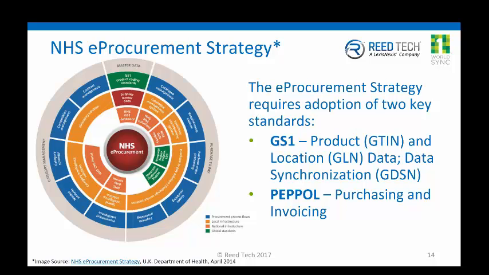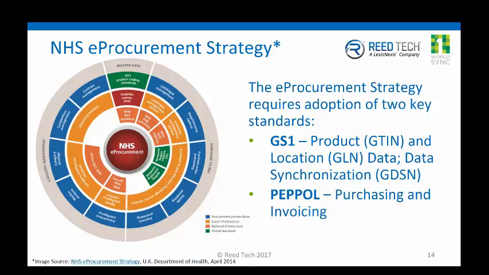And then lastly, from a GS1 perspective is, of course, the Global Data Synchronization Network. So that flow of product data that Todd was referring to. So those are all the GS1 components of the eProcurement strategy. In addition to the GS1 components, there is another standard requiring adoption, which is PEPL for the purchasing and invoicing.